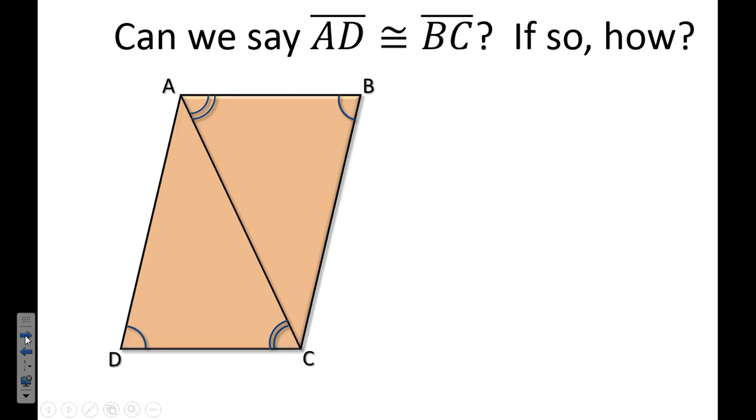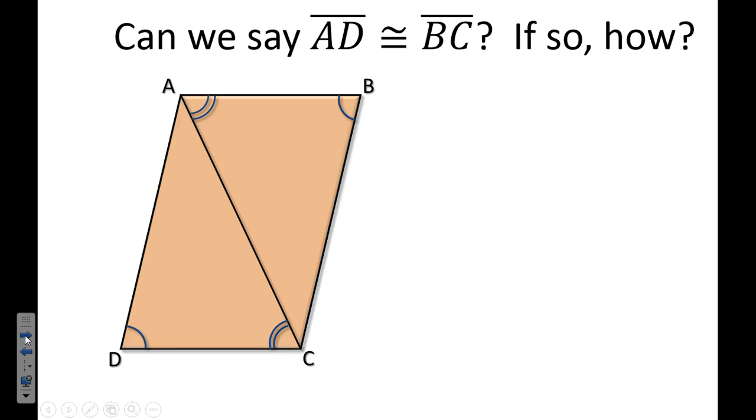You're not going to be writing out a two-column proof on them. What you'll need to do is copy the drawing or trace it out of your book, mark it up, and then figure out if the triangles are congruent. Tell me if so, why. What theorem gets you there? And then the parts themselves can be congruent by CPCTC.